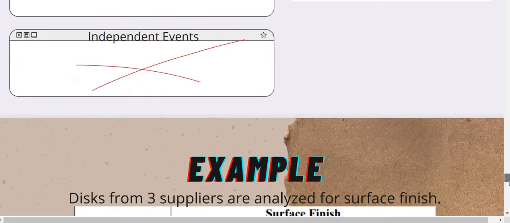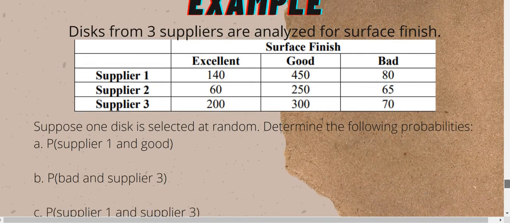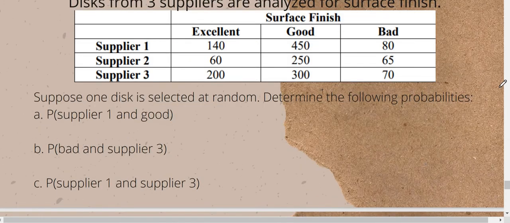Alright, now I give you an example here. We will try to solve it. So example 1: three suppliers are analyzed for surface finish, whether the surface finish is excellent, good or bad. So we have supplier 1, supplier 2 and supplier 3. What I suggest you do first is total up all the values here.